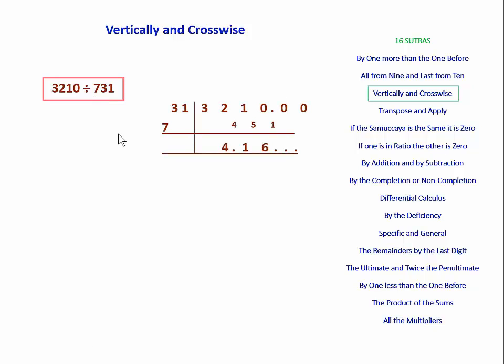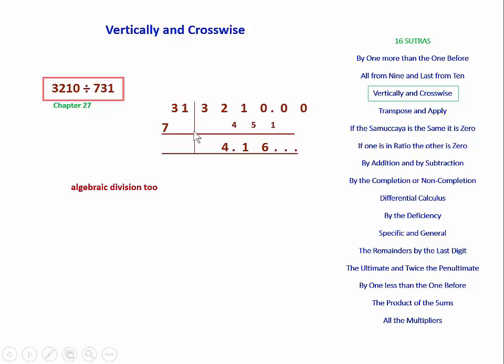So this is how we would work out that particular division, and there are some remainders, and the answer is on the bottom line, 4.16, and that's vertically and crosswise division. Tirthaji covers this in chapter 27 of his book, and you can do algebraic divisions this way too.